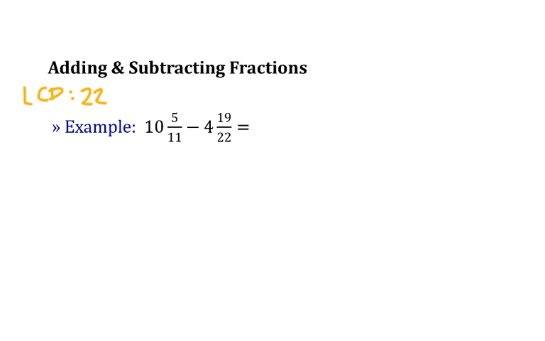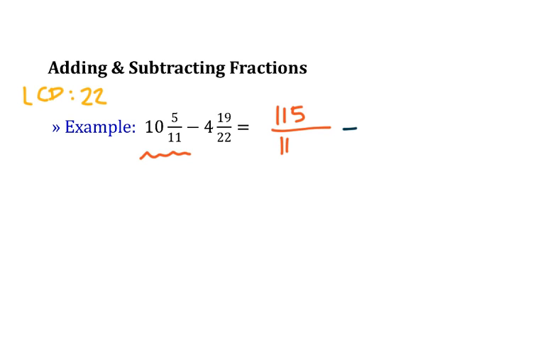So when I see 10 and 5/11, changing that to an improper fraction, 11 times 10 is 110 plus 5 gives 115 over 11.